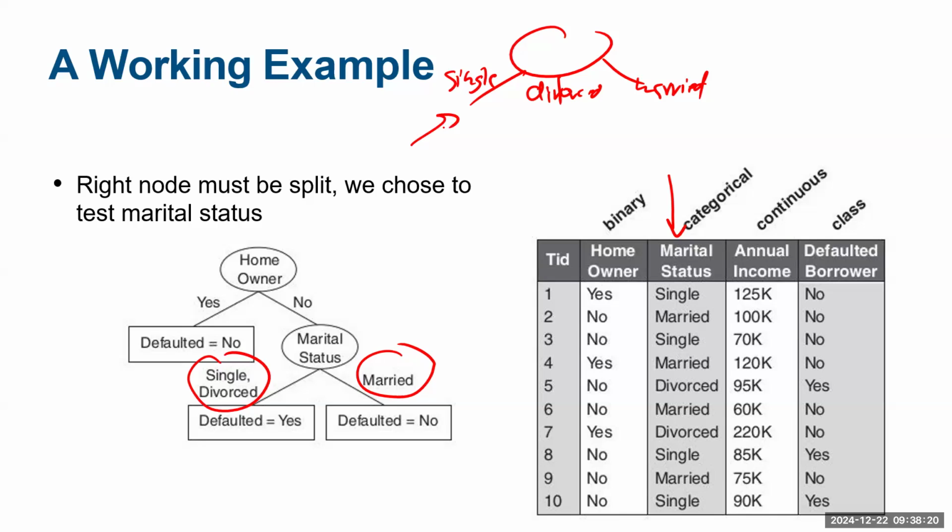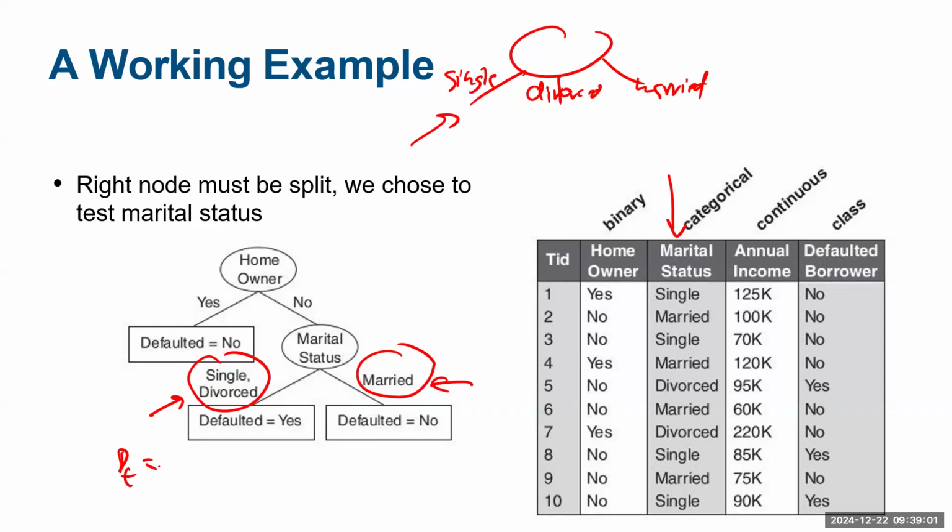In a very rare case you would go for many branches, but if your tree is very large, having a lot of split decisions will make your tree even bigger and slow down the decision making process. So here I divide into single and divorced versus married. So for single and divorced, what is my data?